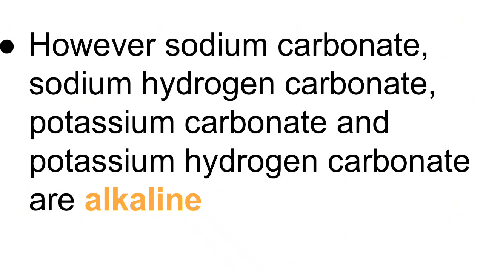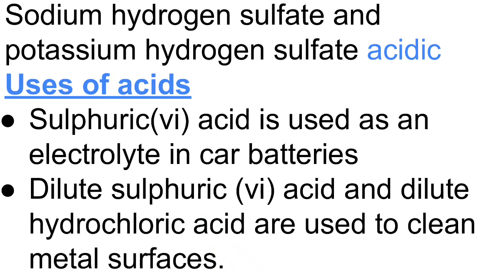Now, sodium hydrogen sulfate and potassium hydrogen sulfate are acidic. The moment you see hydrogen included in the formula of a salt, just know that that salt is an acidic salt, because hydrogen ions are the ones responsible for acidic properties of substances.